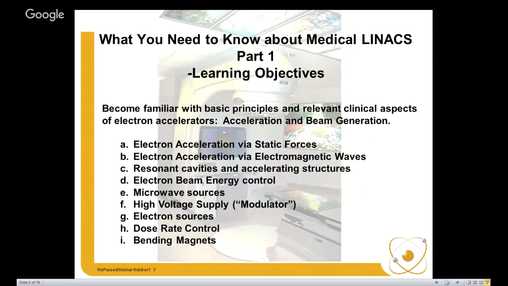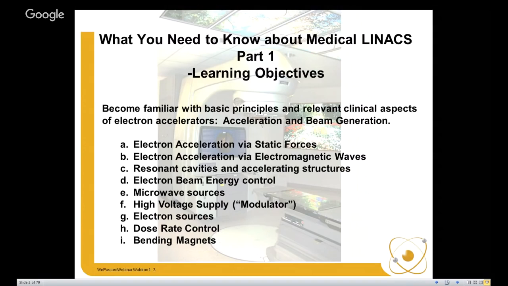So tonight's learning objectives will be for us to all become familiar with really medical electron LINACS. I won't be covering other types of accelerators. And we're going to be focusing on acceleration and beam generation. So we're going to talk about acceleration via static forces, acceleration via electromagnetic waves, and of course that's going to require some resonant cavity understanding and accelerating structures.